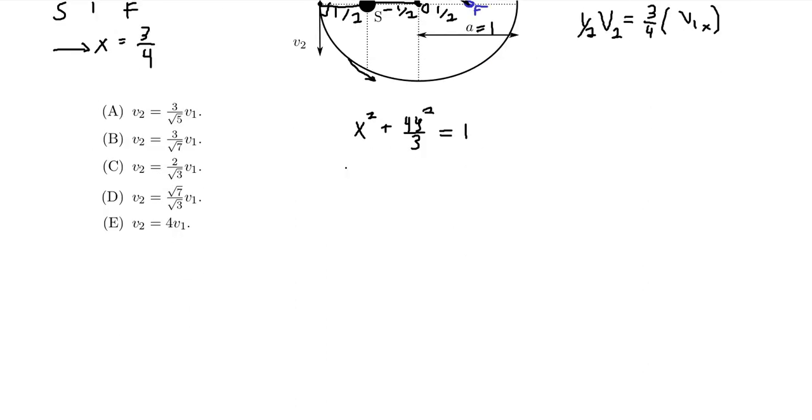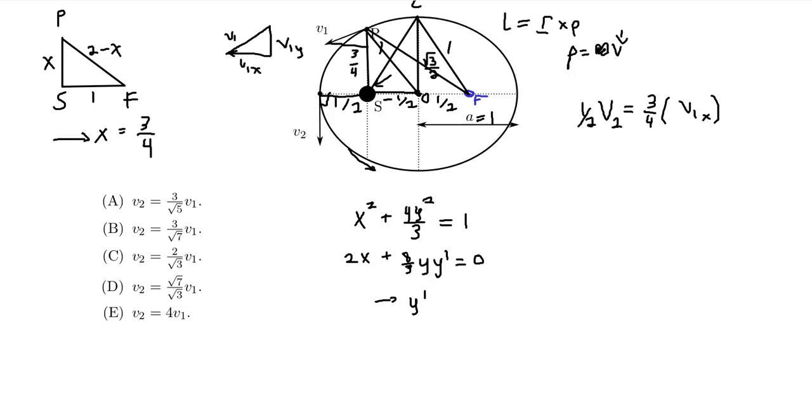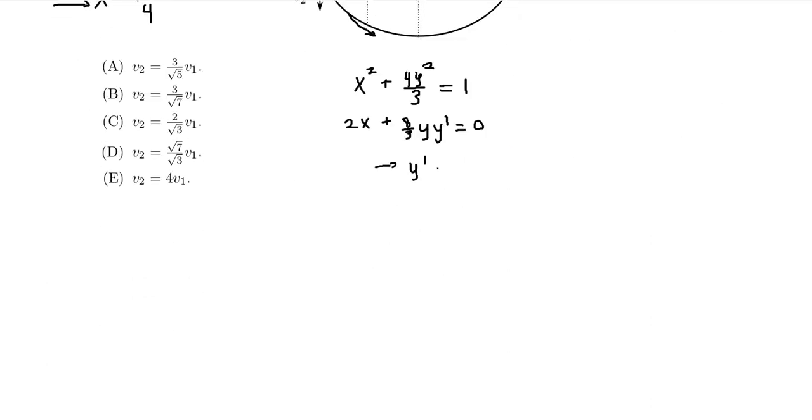And so we can use implicit differentiation to get 2x plus 8/3 y times the derivative of y is equal to 0, which implies that the slope of the ellipse at any point x, y is going to be equal to negative 3/4 x over y.